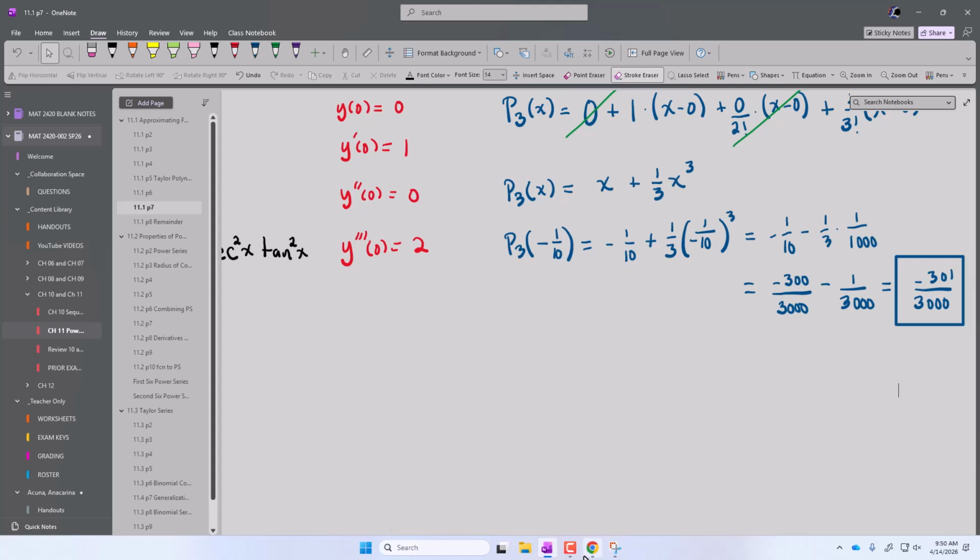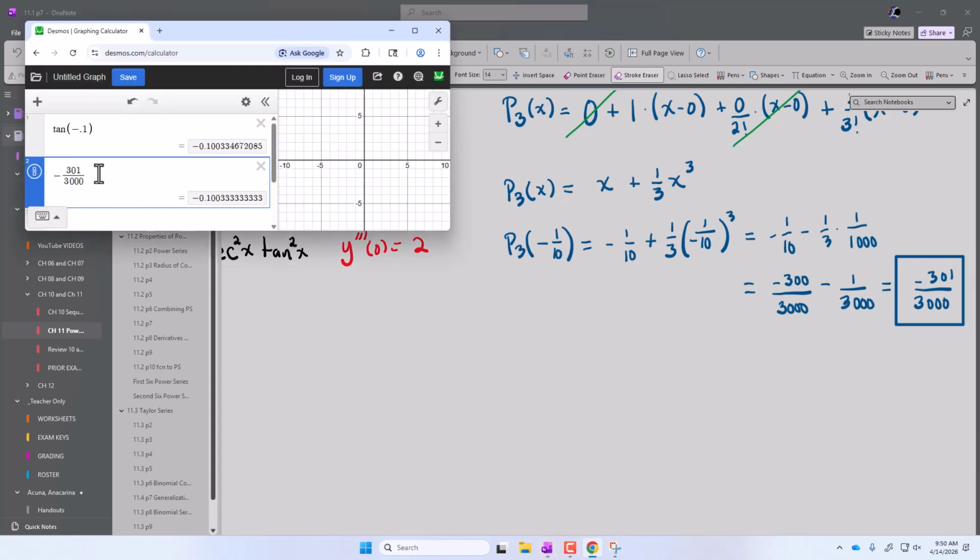Oh, and we didn't do the difference yet. Okay, so now we have to find the difference. So let's do it this way. Control copy, control paste. But we're going to do that.